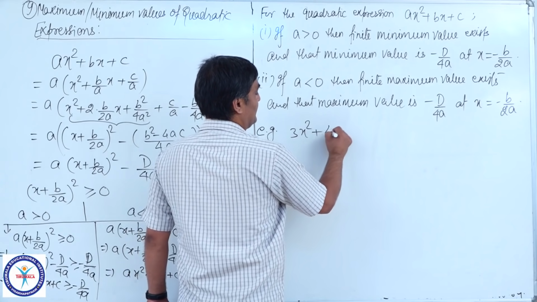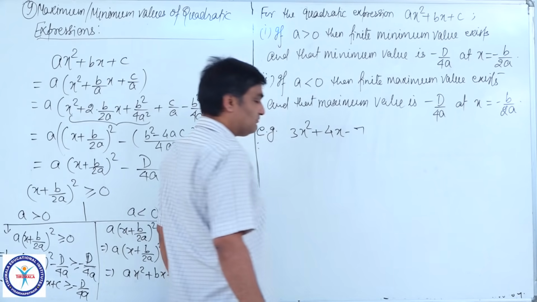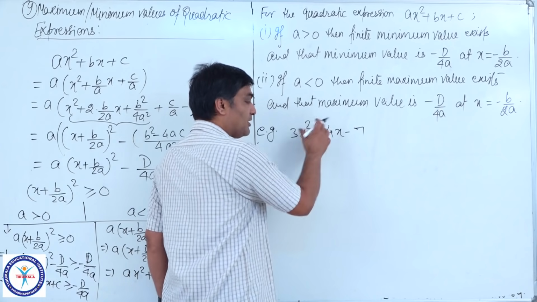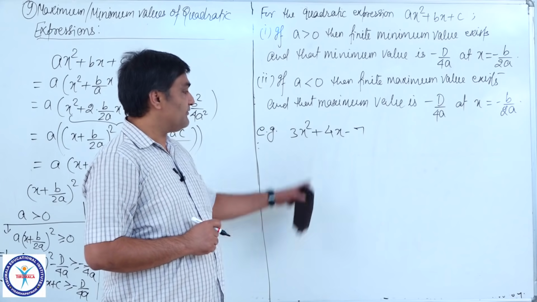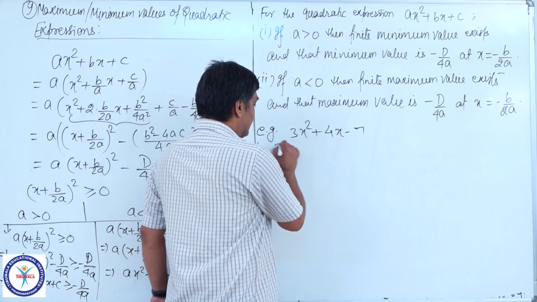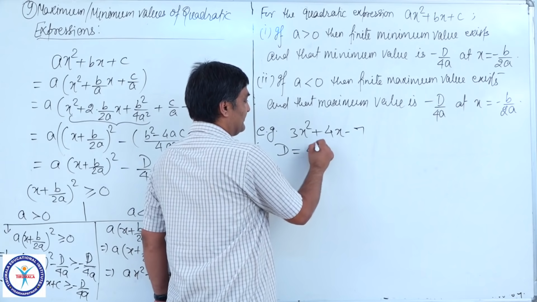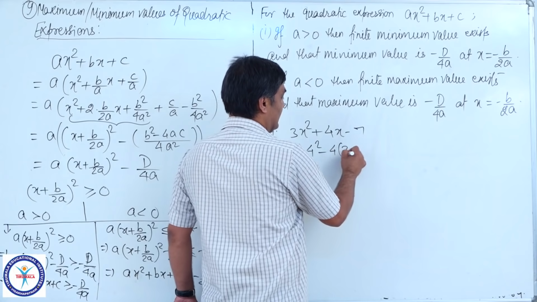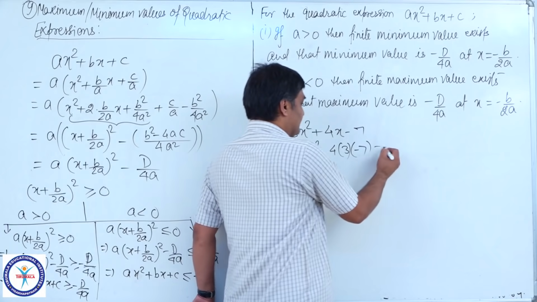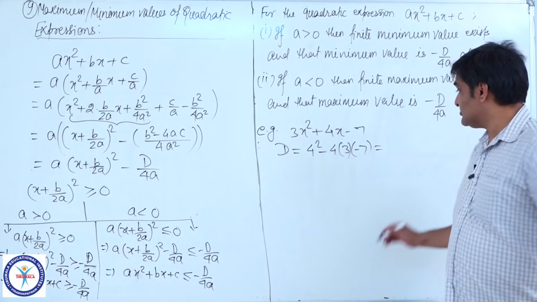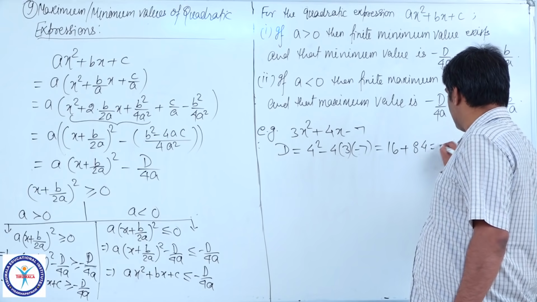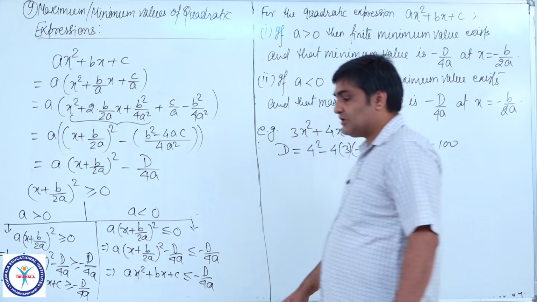3x square plus 4x minus 7. Maximum value or minimum value? The coefficient of x square is positive, so it has a minimum value. D is b square minus 4ac, so it is 16 plus 84, that is 100.